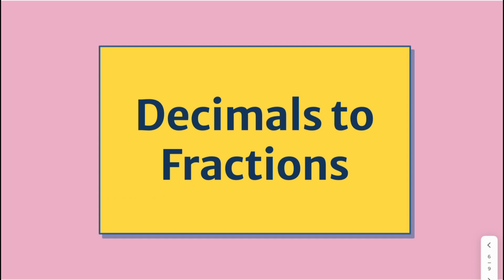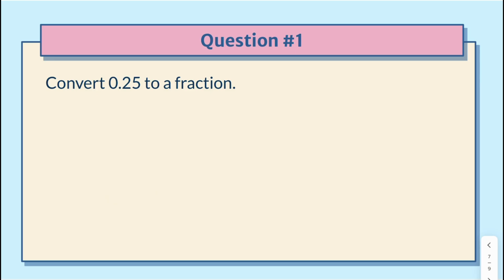Now we're going to focus on converting decimals to fractions. Our first question is to convert 0.25 into a fraction. Now, we learned that with decimals, the way we read this out loud is 25 hundredths. So we can actually just write this as a fraction.